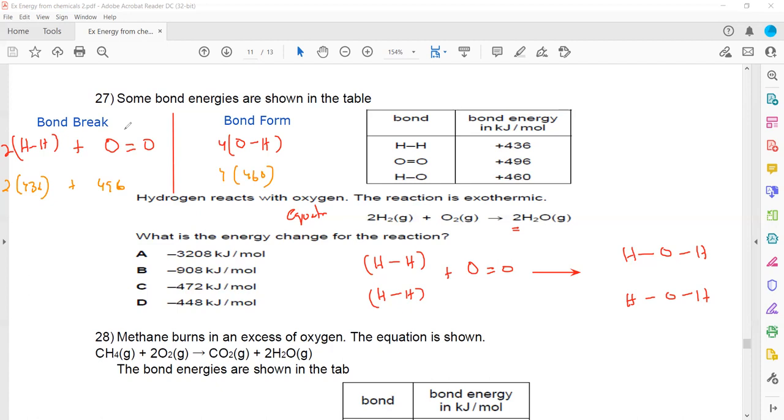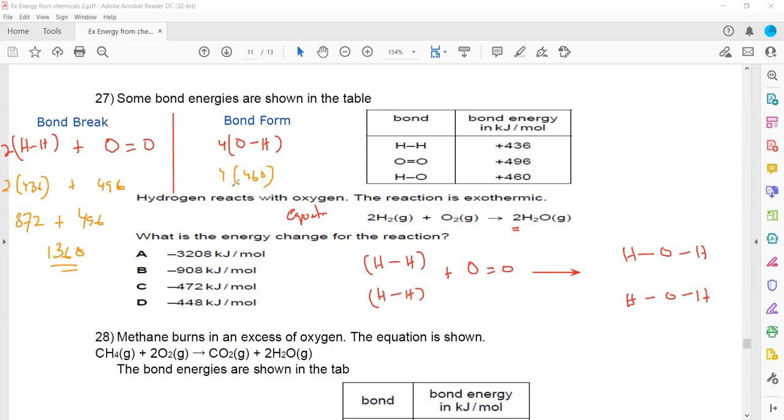So it is 436 times 2, 872, plus 496. So 872 plus 496, that is 1368.